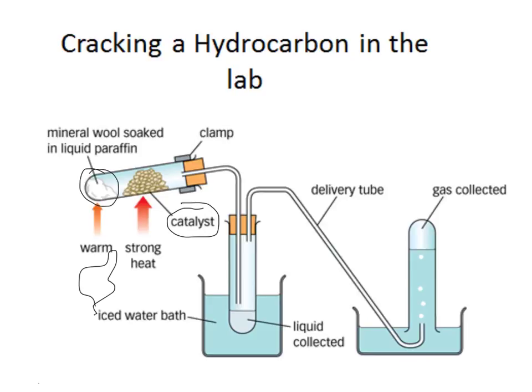You then have a delivery tube which will collect the vapour and it goes into an iced water bath. The purpose of this is to condense the vapour back into a liquid. Also, if there are any even shorter chains, they will continue to be a gas and they will be collected in this tube over here.